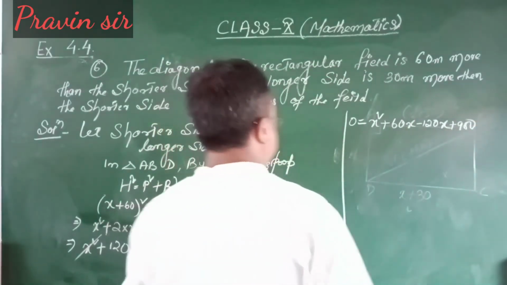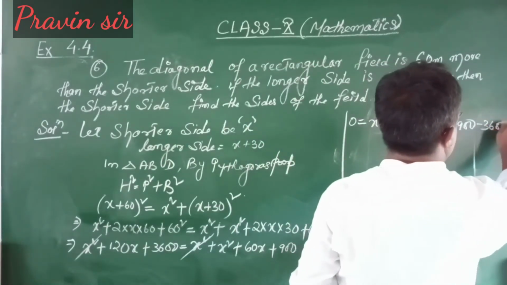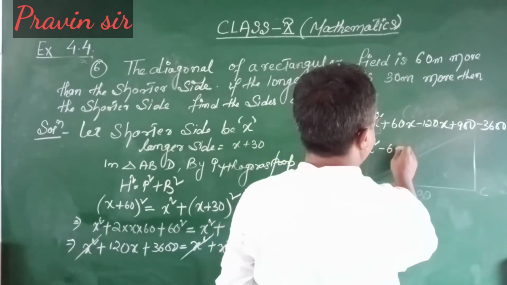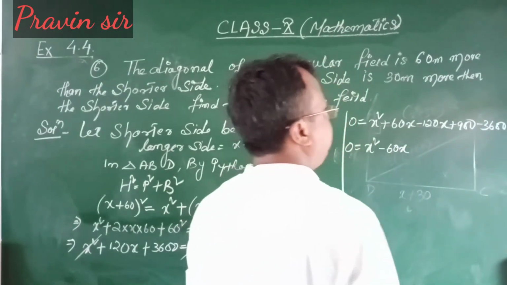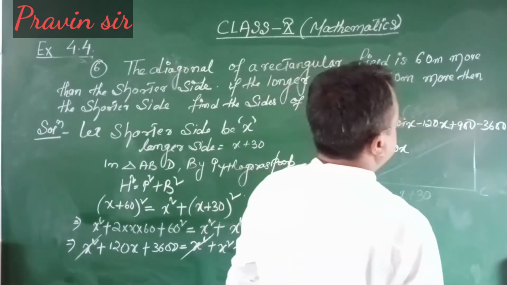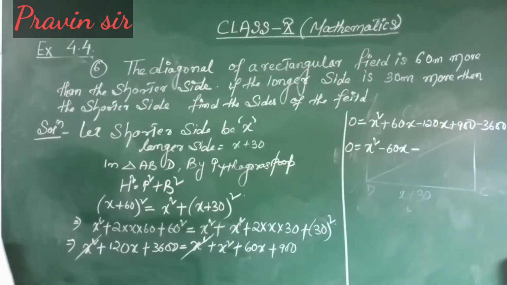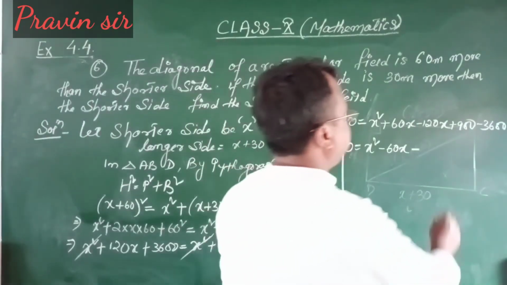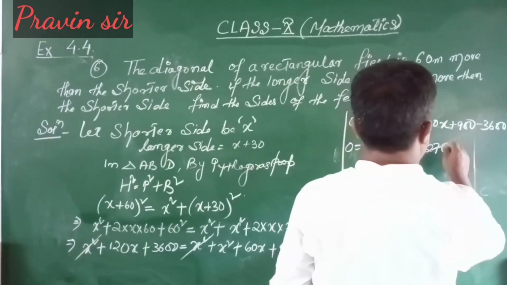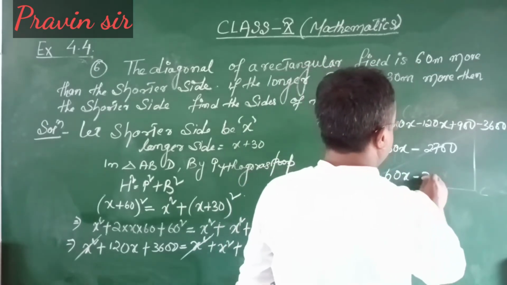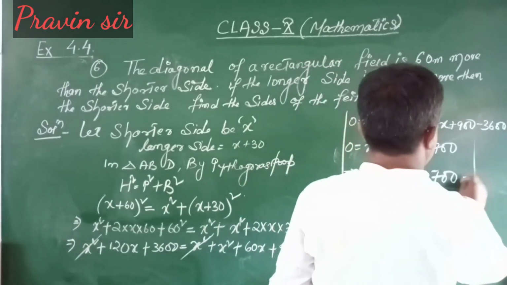Then 3600 you transpose to that side. So what we will get: 0 is equal to x square minus 60x minus 2700. It implies x square minus 60x minus 2700 equal to 0.